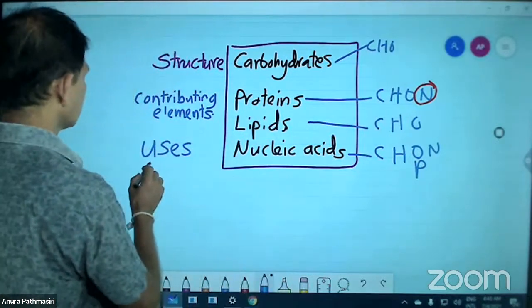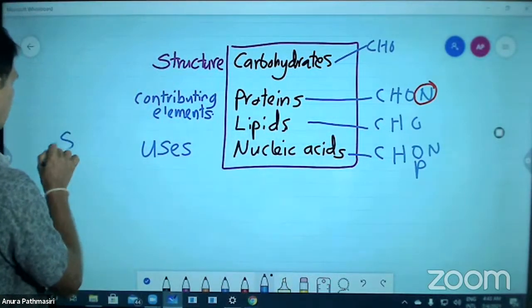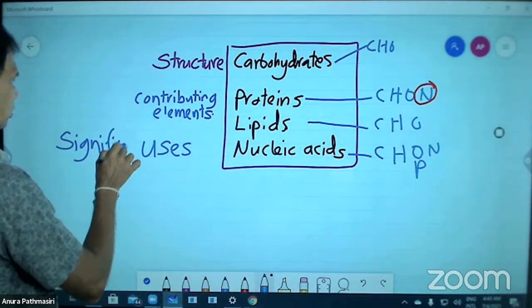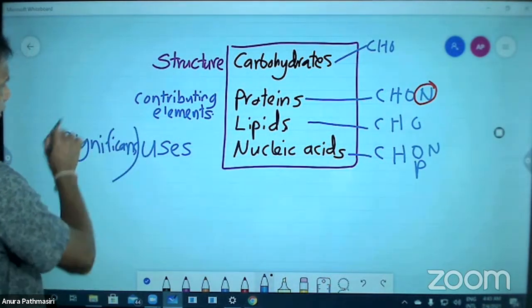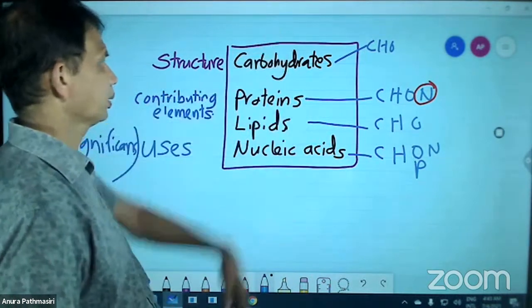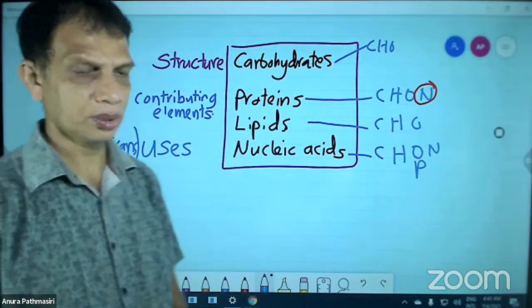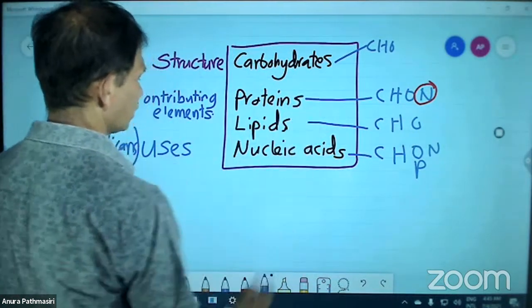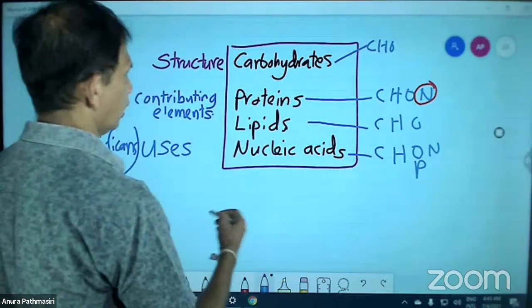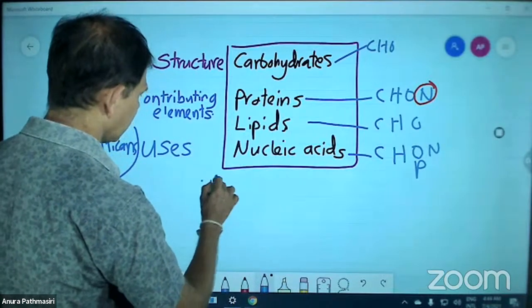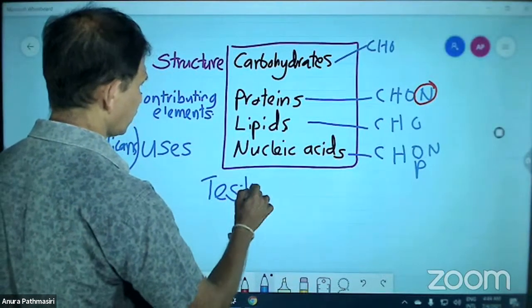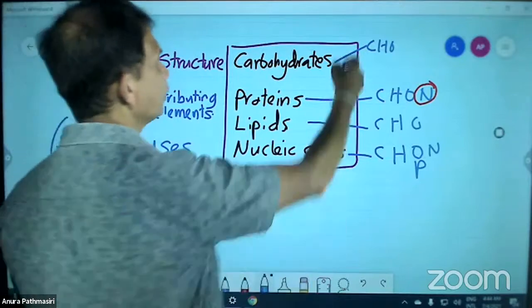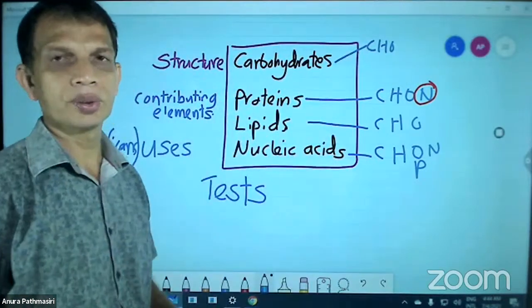Well, the uses or the significance of carbohydrate, protein, lipid, and nucleic acid, I'm not going to ask about that one. The other thing you have to study is the tests relevant to these.